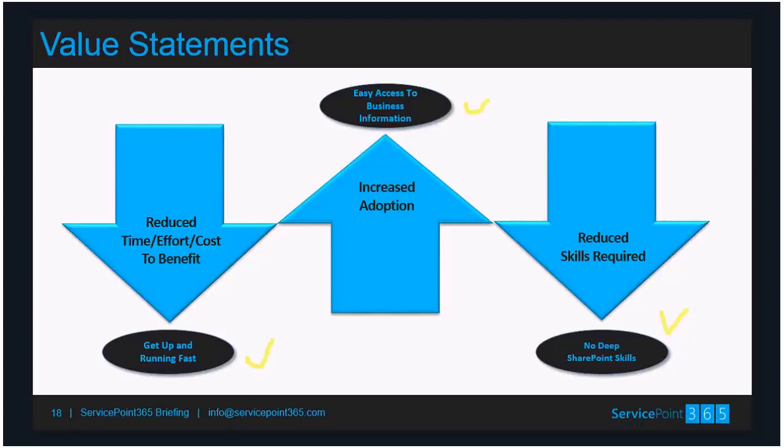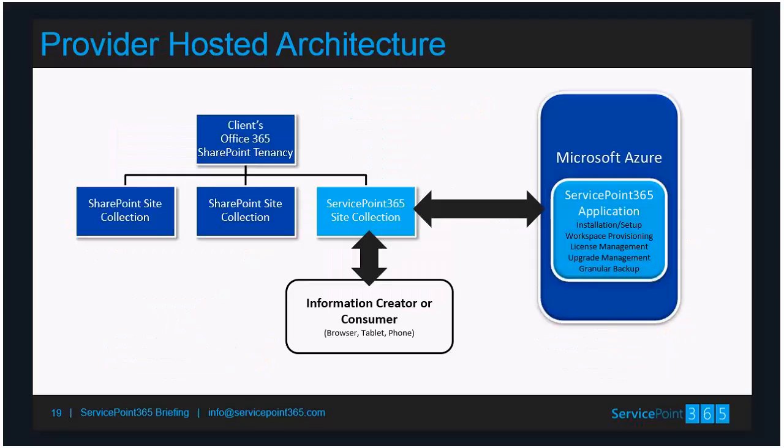A common question that comes up is how are updates taken care of? This is a provider-hosted application, so it gets installed into the client's Office 365 tenancy and into their SharePoint Online environment.